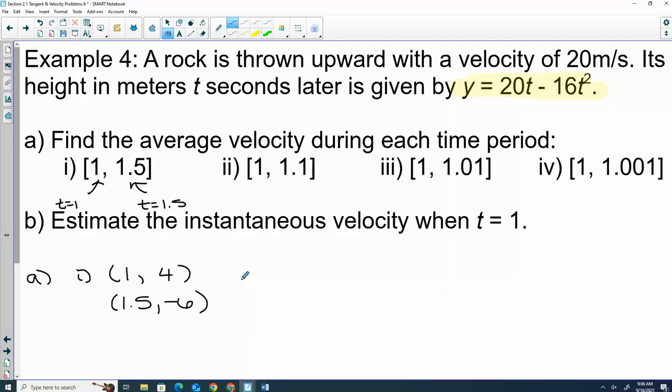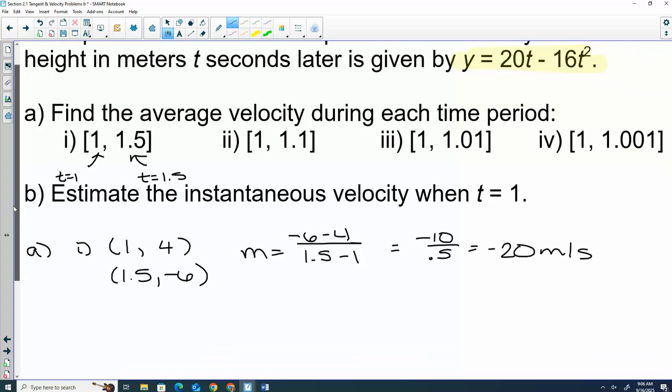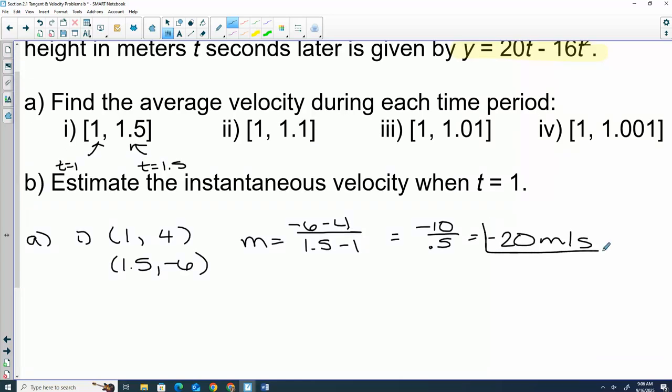So the average velocity is just the slope between those. Negative 6 minus 4 over 1.5 minus 1. We get a negative 20 meters per second. So between 1 and 1.5 seconds, it fell 20 meters per second.